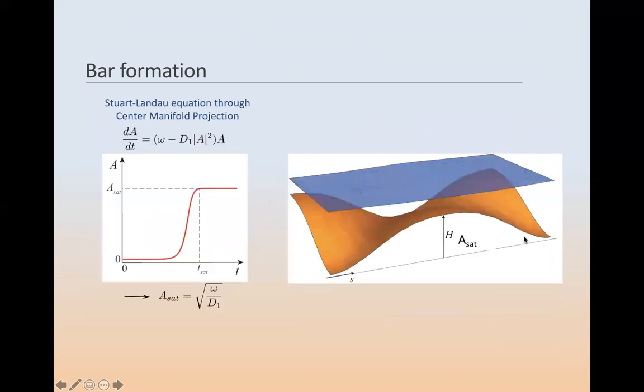And going on, one can study also the weakly nonlinear analysis to arrive at the saturation of the amplitude of the perturbation of the bed through the center manifold projection approach, which is a bit different but very robust tool to derive the Stuart-Landau equation, very different from the classical one, which is focused on multiple scale analysis.